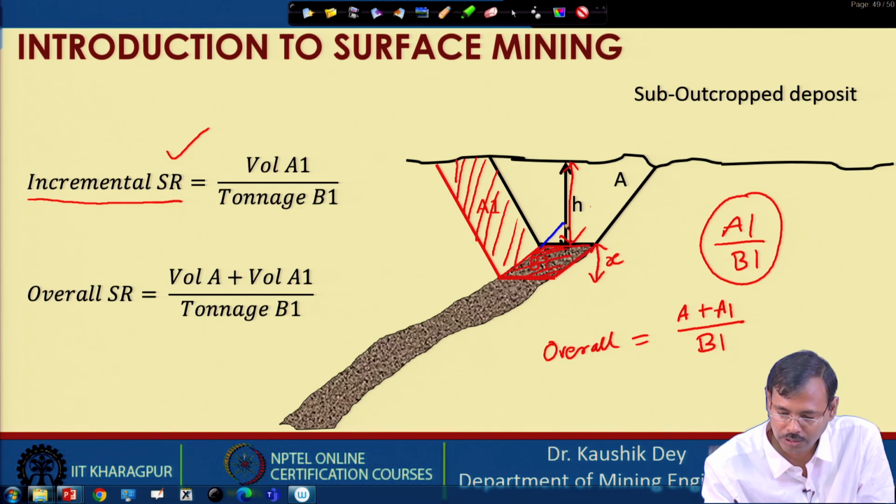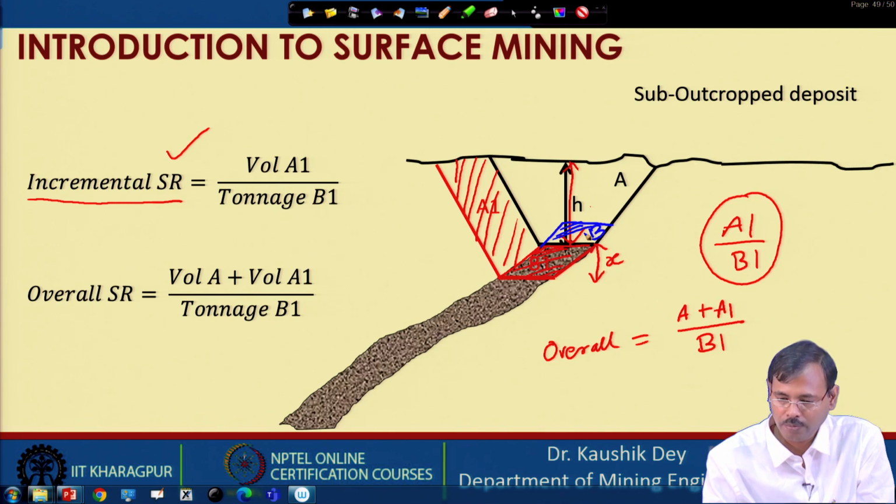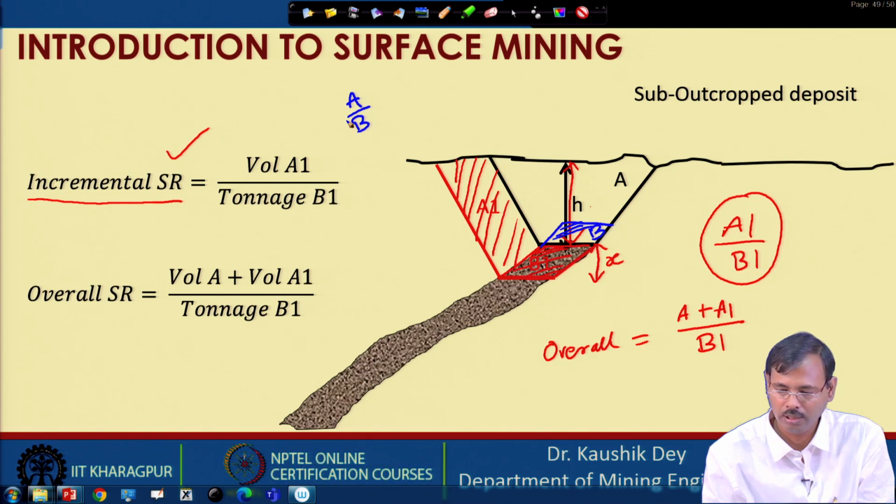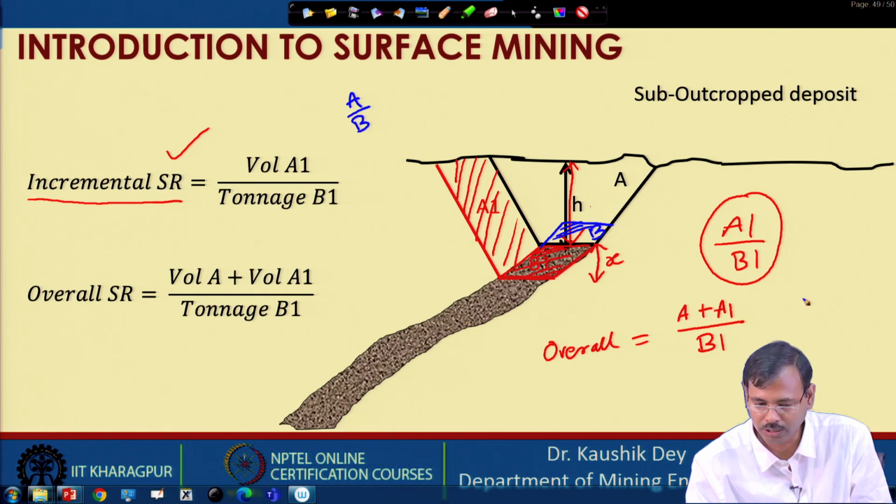Suppose you had some previously owned ore B here. In that case, before this your stripping ratio was A by B, and then after an incremental excavation of depth x, your overall stripping ratio will become A plus A1 by B plus B1.